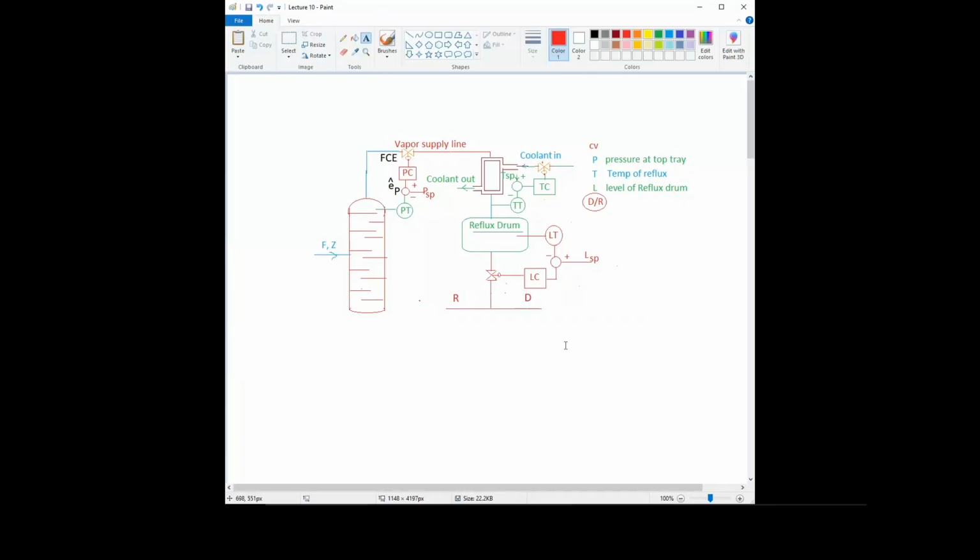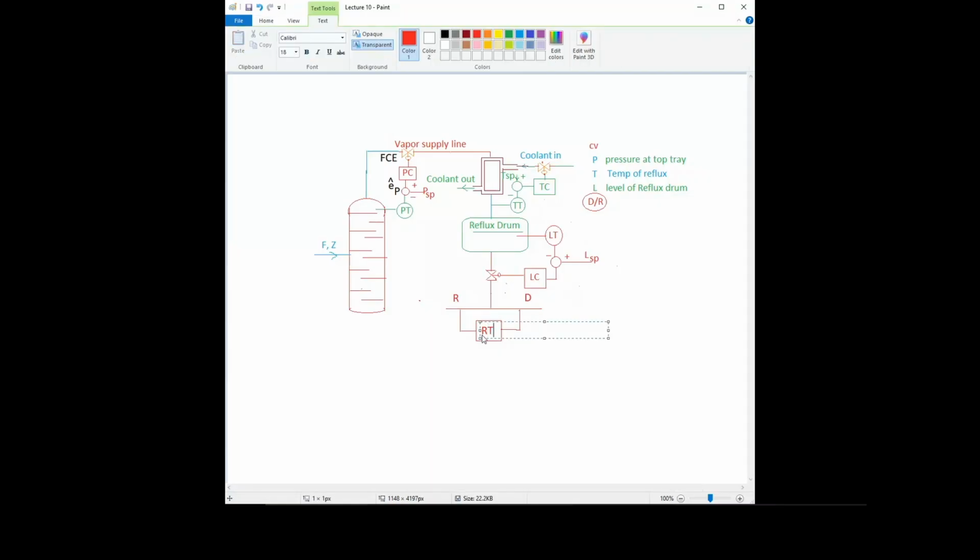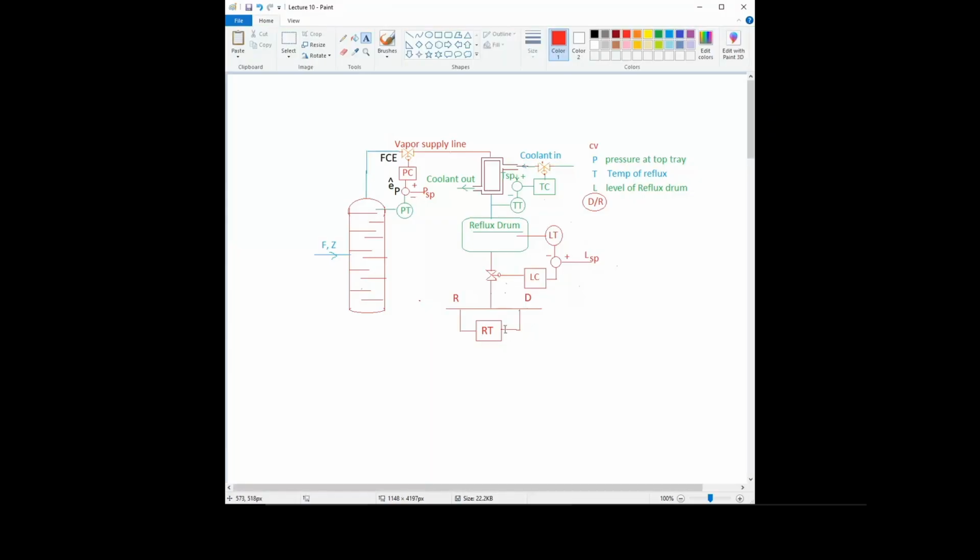Okay. So now here we will measure the ratio of D and R. Here this will not be exactly feedback control. This is a special type of control which we will study later on. This is a type of ratio control, an extension of feedback control. In feedback control we measure a control variable, but in ratio control we measure the ratio of two variables.